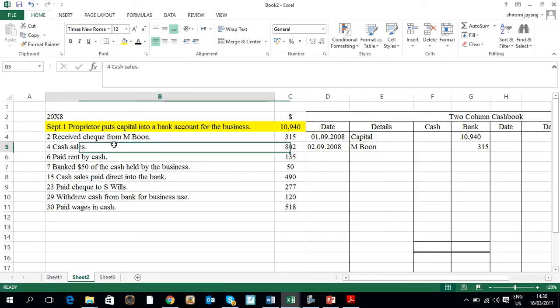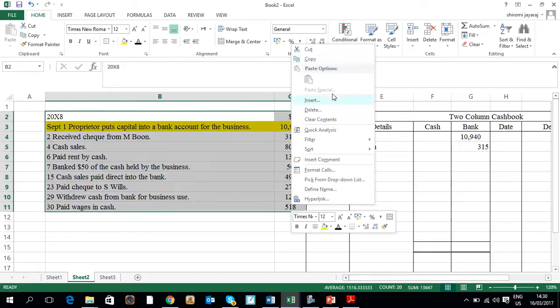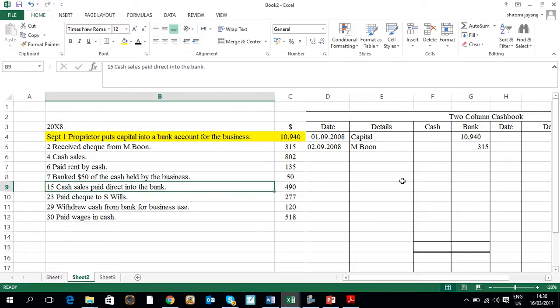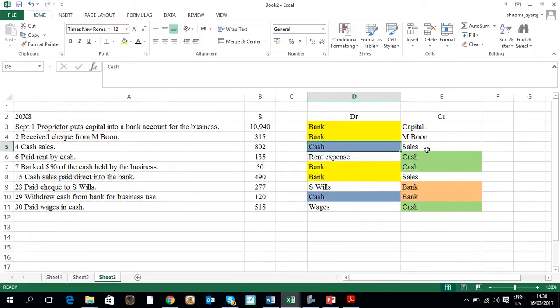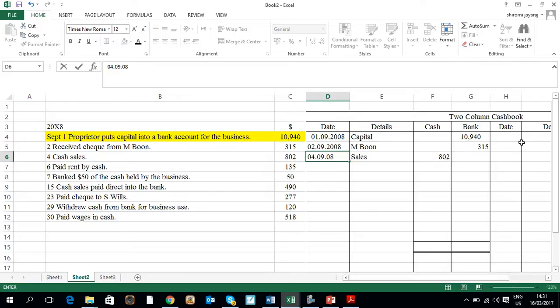And the next information, cash sales. Cash sales double entry, cash column debit, sales account credit, cash column 802 and description sales, and the date is on 1st 9/08.